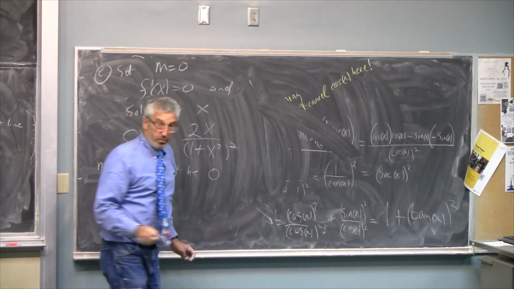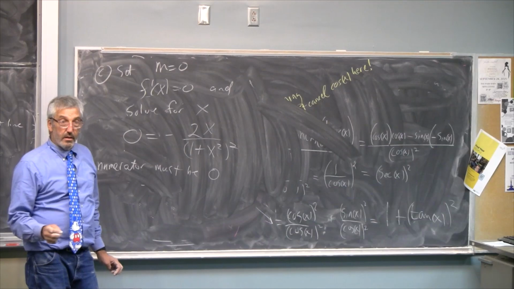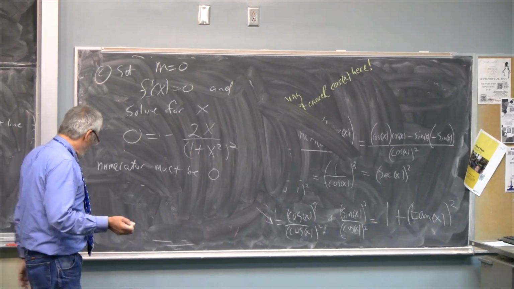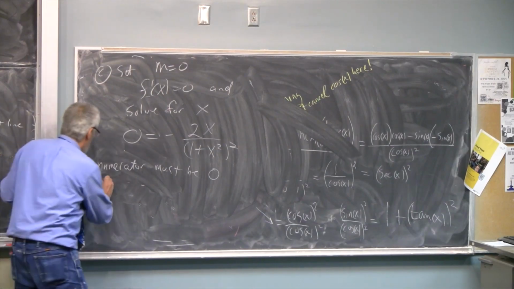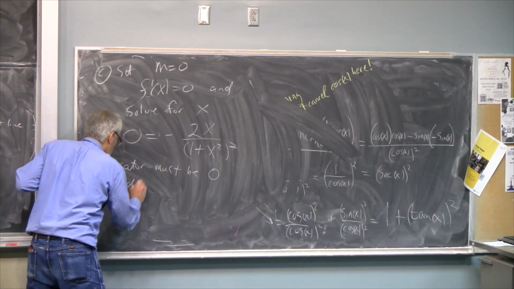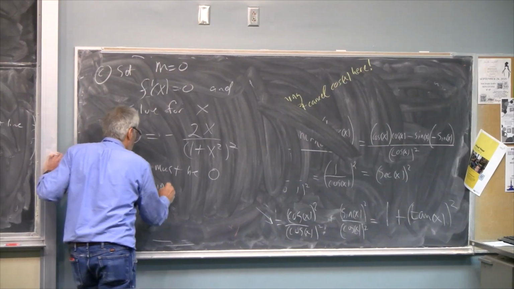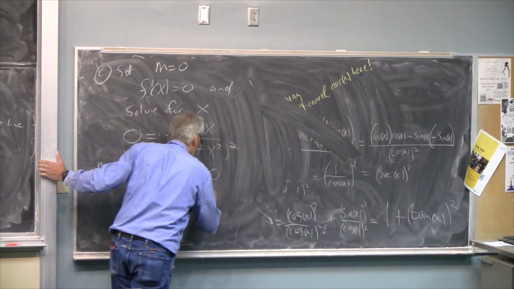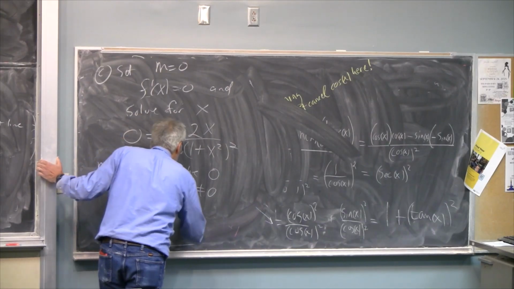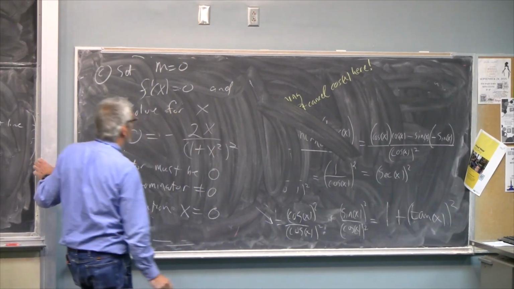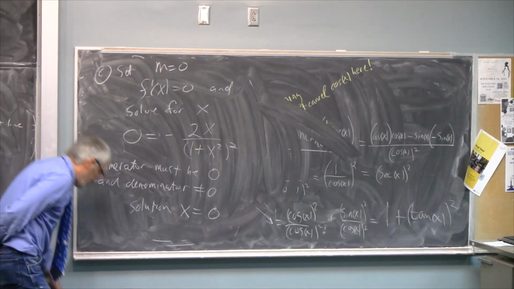And what else must be true? The bottom can't be 0. Well, so what x values make that true? So the solution is x has to equal 0, because that's the only thing that will cause the numerator to be 0.